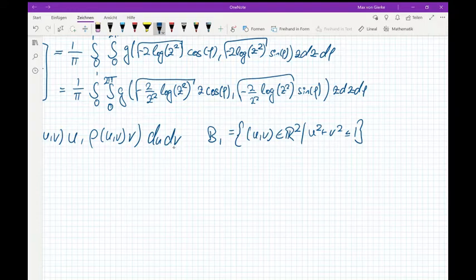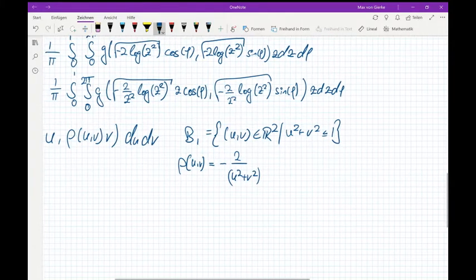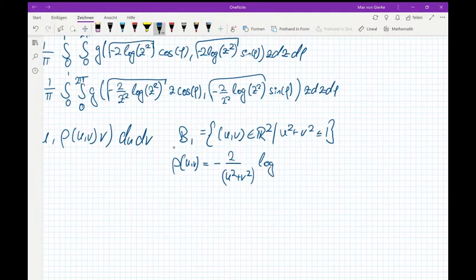Yeah, and our function rho is exactly what we need for Masalia. So it's u squared plus v squared times log of u squared plus v squared.